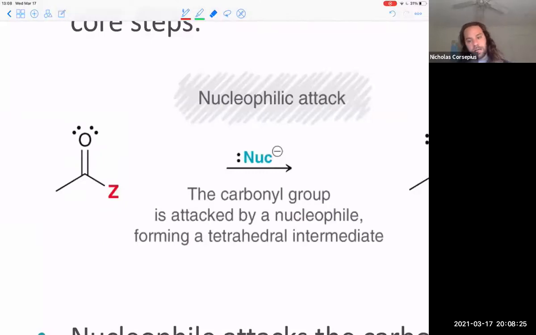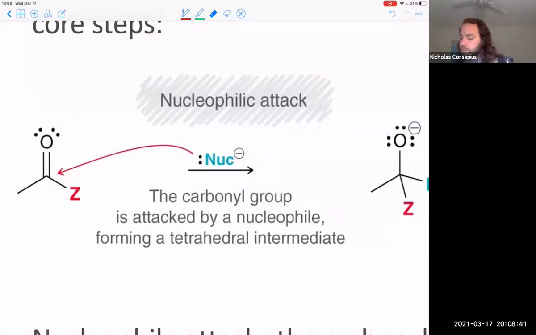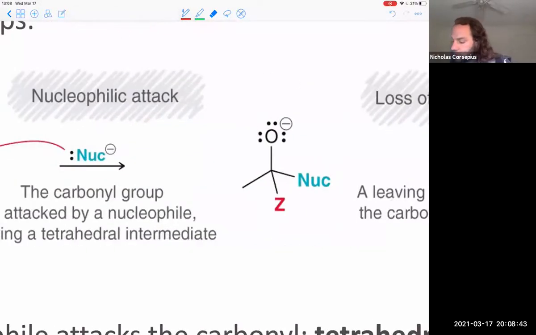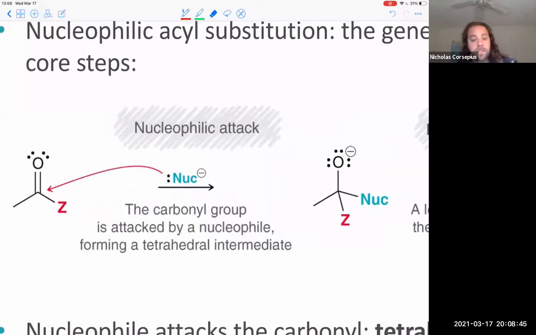Again, we're going to see a lot of different reactions in this chapter, but they're all going to follow the same logic. You have a nucleophile that's attacking, and our electrophilic site is going to be that carbonyl carbon. This is what's going to form what we call, so everybody just convince yourself that this is indeed what we get, this is what we call the tetrahedral intermediate.